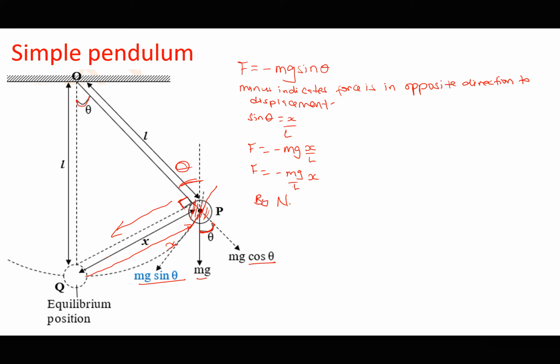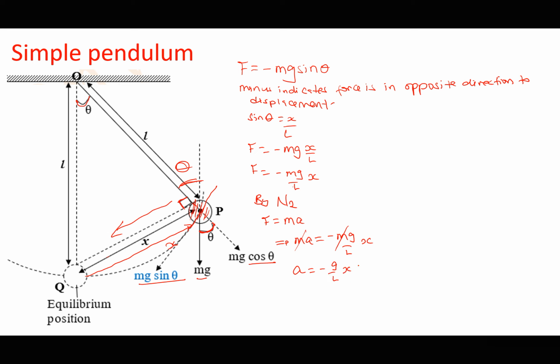By Newton's second law, the resultant force on an object is equal to the mass times acceleration. So this implies that ma is equal to negative mg divided by L times x. So m has cancelled out. So we say acceleration is equal to negative g over L times x.